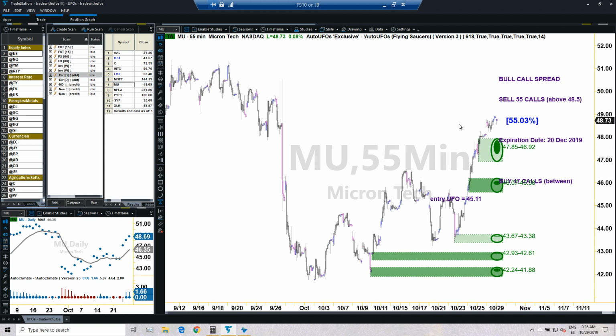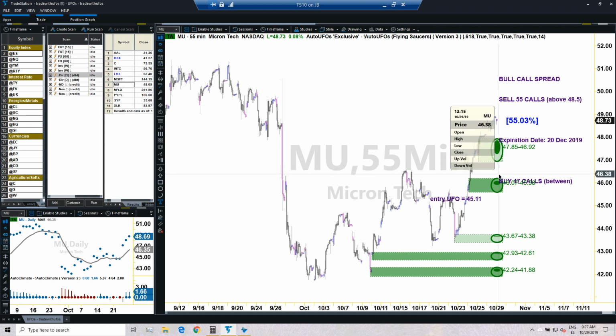MU. So, well, it seems that we planned a trade the other day with this one. So, is the trade still valid? I would say yes. So, we got two dots into the climate. 46.35. Actually 46.35 is somewhere here in the middle.